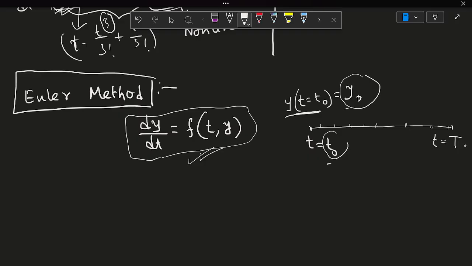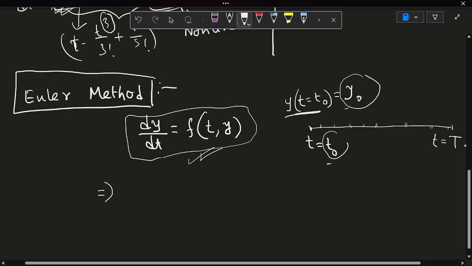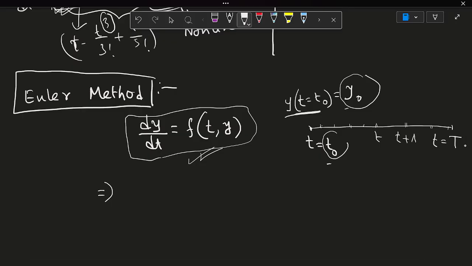Euler proposed a method to compute this numerically. So what is the method? We can write dy/dt like this. For example, if this is t and this is t plus delta t, then delta t is the step size, or you can call it the time stepping.